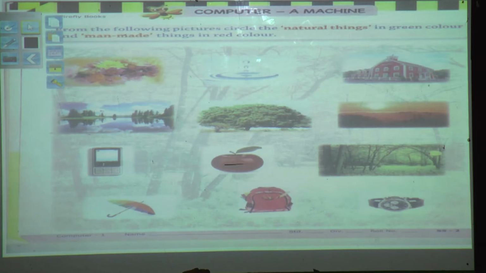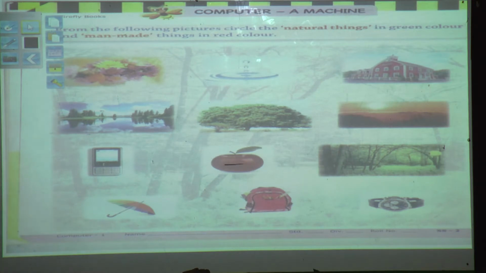In green color, and man-made things in red color. Two things are there, natural things and man-made things. For natural things we have to use green color. Everyone has crayons? By using crayons, give the color. We have to circle natural things using a green crayon and man-made things using a red crayon.